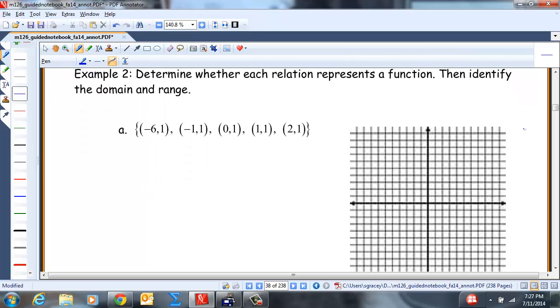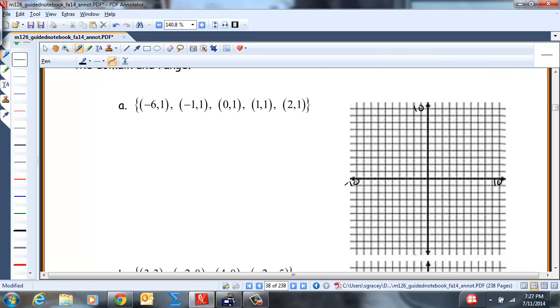So let's take a look at this guy here. Determine whether each relation represents a function, and then identify the domain and range. So let's do our typical plus or minus 10 for our scale. This is x and this is y. What we have here is a set of ordered pairs.